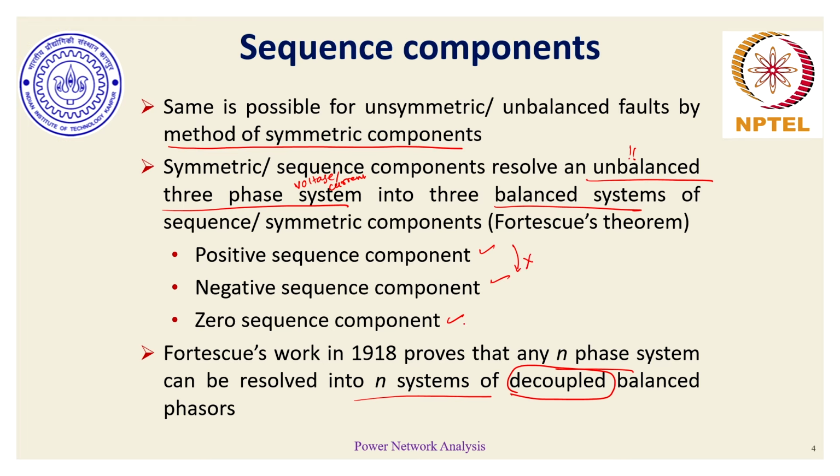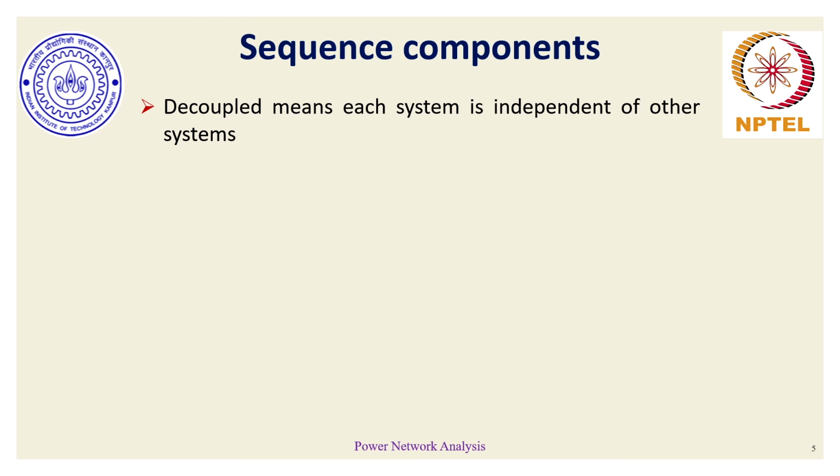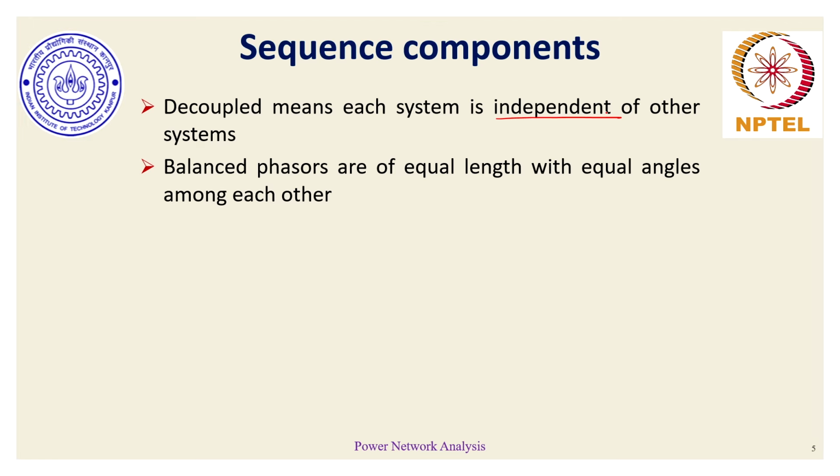A zero sequence component or circuit element would never appear in a positive sequence circuit, and that's how these three systems are perfectly decoupled or independent of each other, which aids in analyzing our unbalanced or asymmetric faults. So decoupled means that each system is independent of the others.